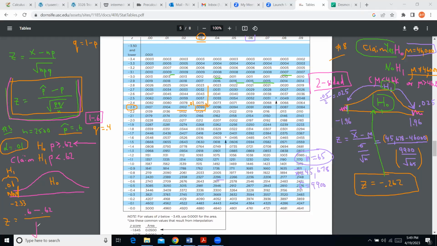And then there'll be a square root in the denominator, PQ, 0.6 times 0.4, divided by the sample size, which was 2,500, right? A big sample. It turns out the bigger the sample size is, the better our calculation. And I also want to use parentheses around the numerator, as usual.